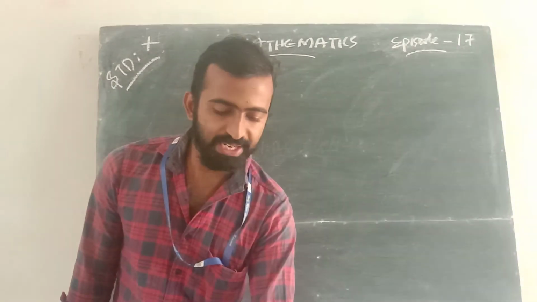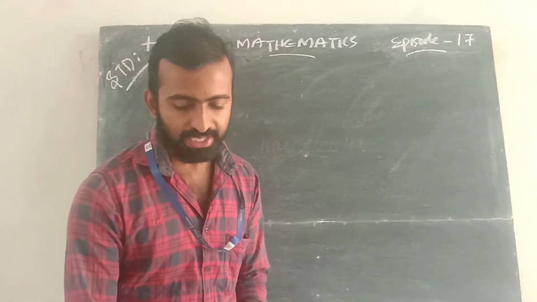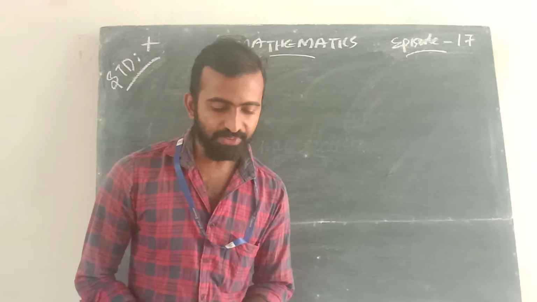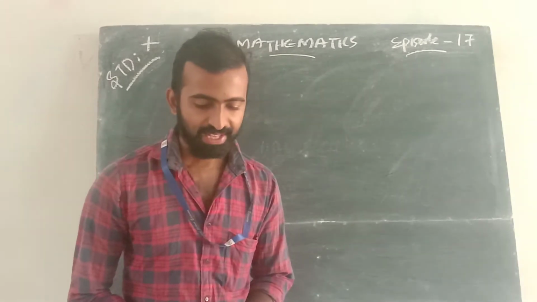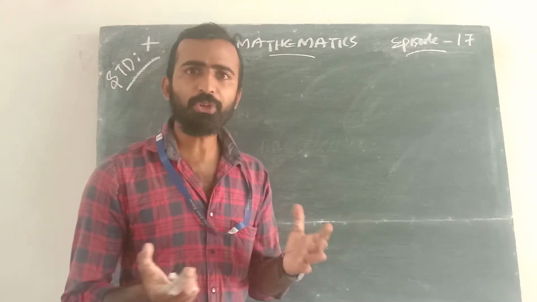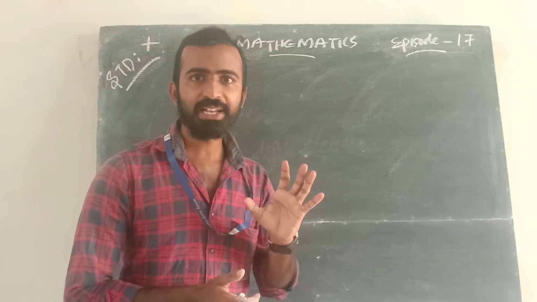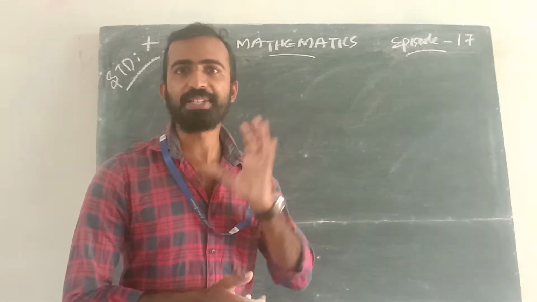From the pair of linear equations in the following problems, find the solutions if they exist by the elimination method. What do we mean by the elimination method? Elimination method means first we make the coefficient same.